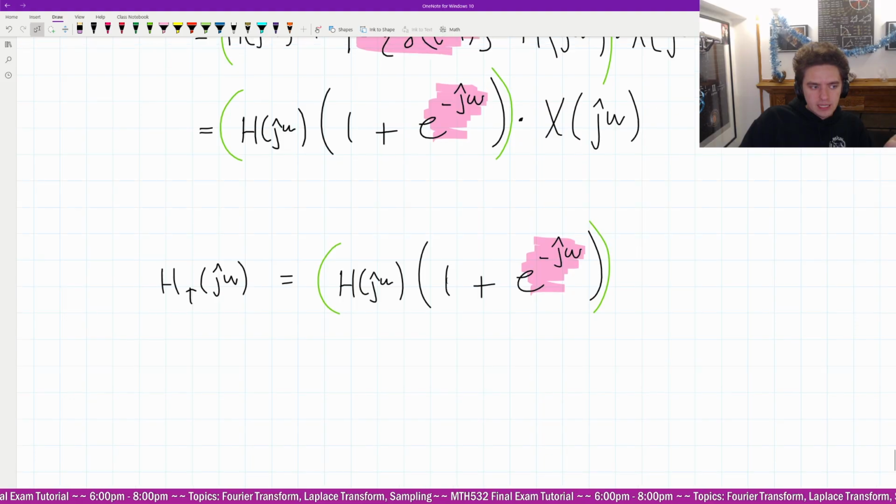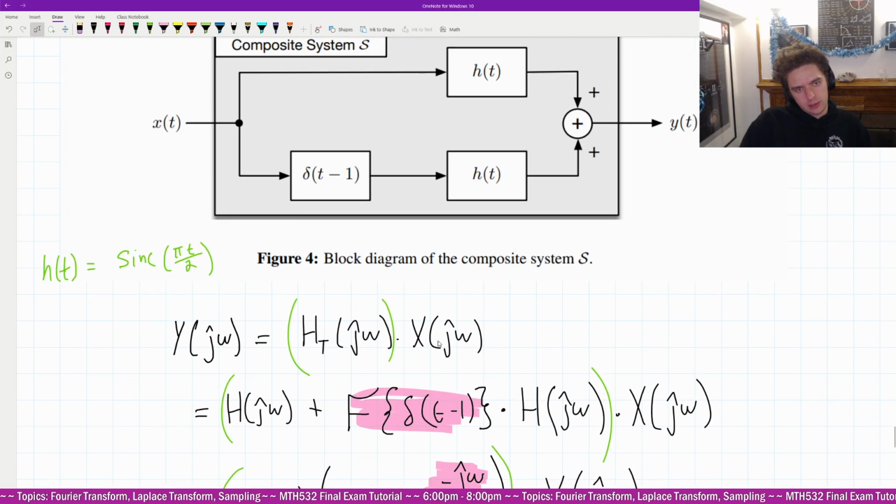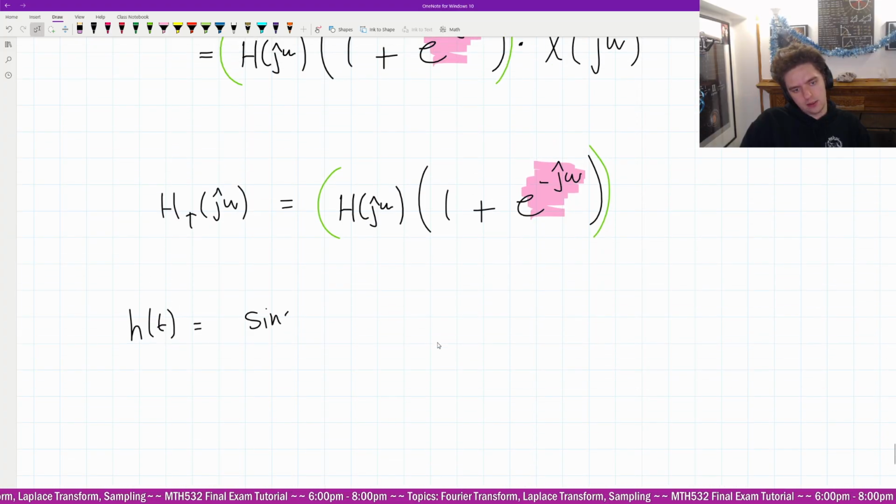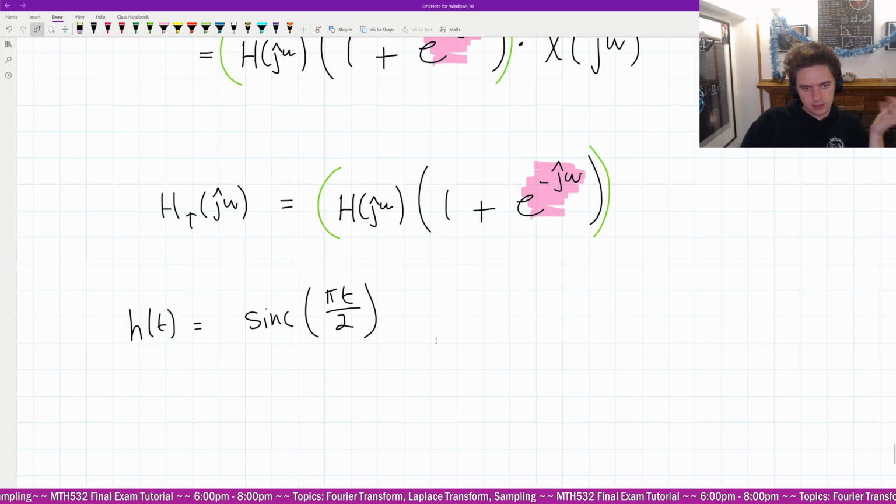Great, we've made some progress here, but now let's find H of j omega. We know h of t is sinc of pi t over 2.